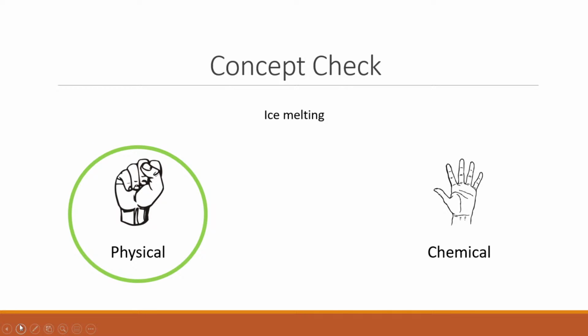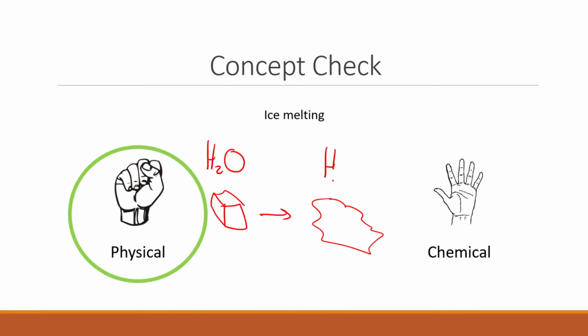You started with a block of ice, and you ended up with a puddle of water, but it started as H2O, and it ended as H2O. You did not change the identity of the substance. This ice cube didn't melt and become something different. It went from the solid form to the liquid form of water, but it didn't actually become a new substance.